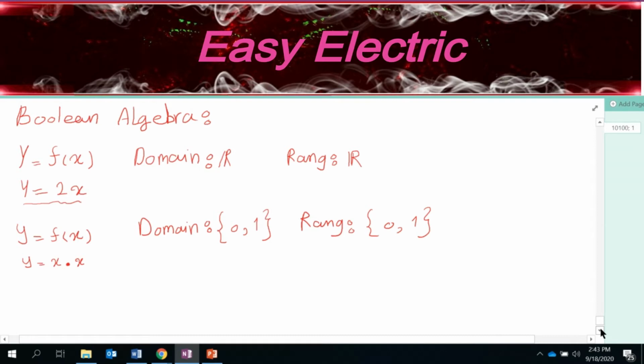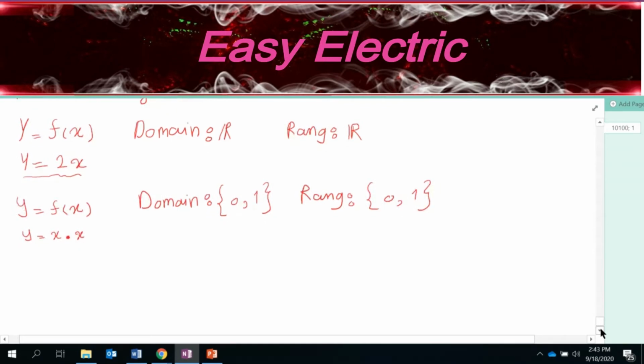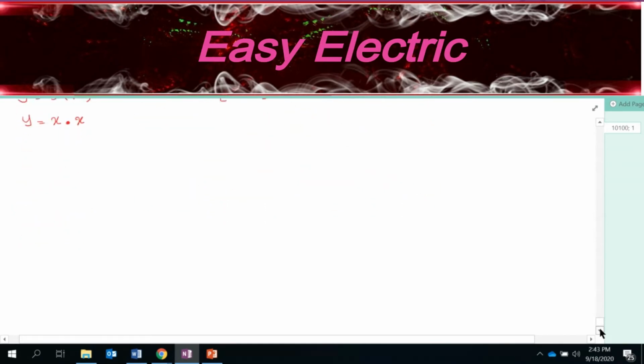Even in the normal algebra that we learned, we have some postulates. A postulate means these are some principles that you accept without proving them. So the title: we want to talk about the postulates of Boolean algebra.